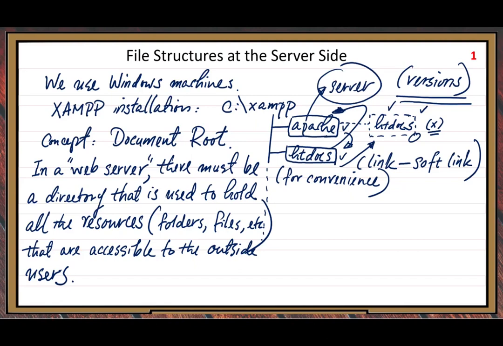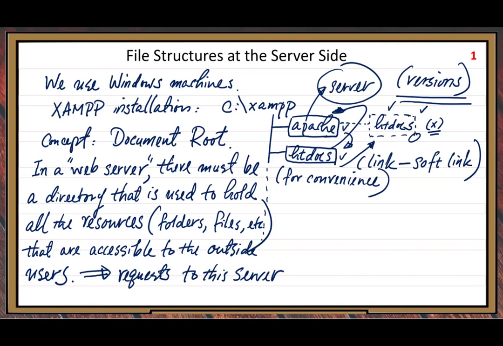But how do you provide services to outside users? Those users need to send requests to this server first. They need to initiate communication. Then this server returns business data as services back to the users.